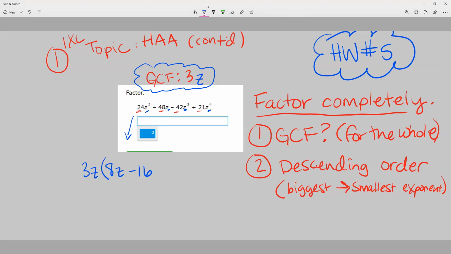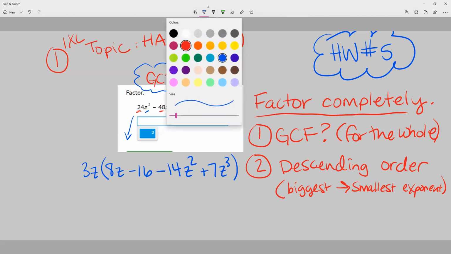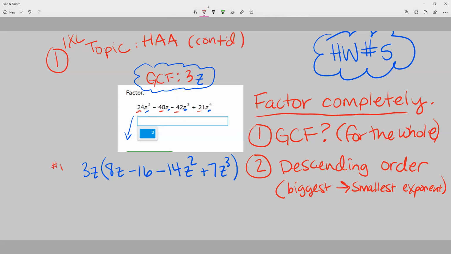Negative 42 divided by 3 would be negative 14z squared, so 2 left. And if I divide 3 out of 21, I end up with a positive 7. And I took 1 z out, so I end up with 3 z's left. All right, so this was step number 1, where I took out the greatest common factor.